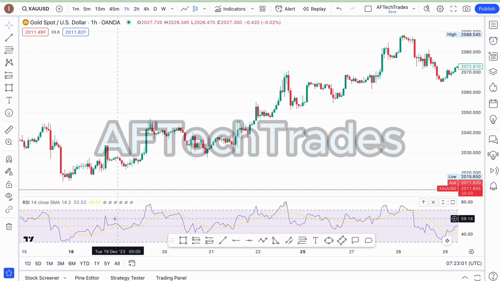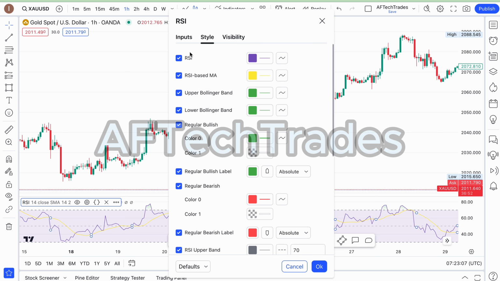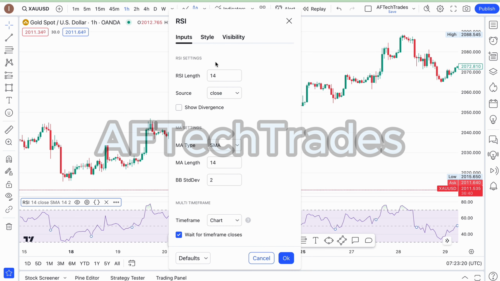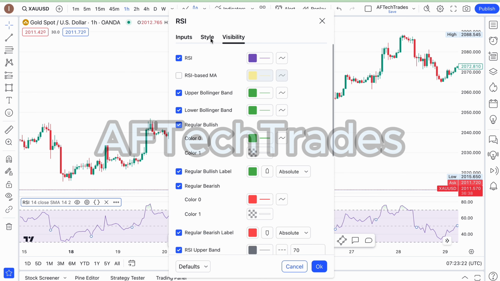Then you go to your editing. You see it pop out at the bottom. Go to the settings, then you remove the RSI based MA. Then all we need here is the 50 EMA.